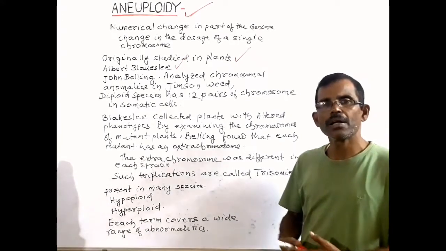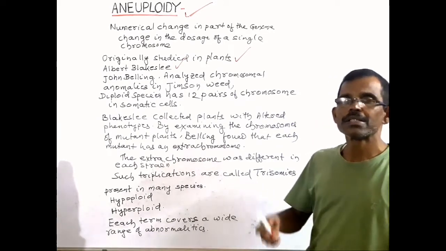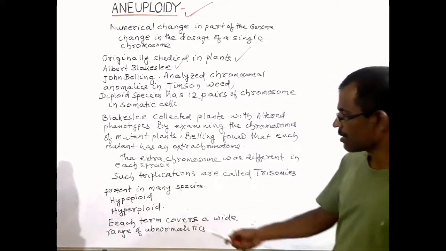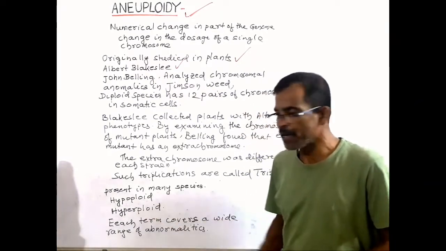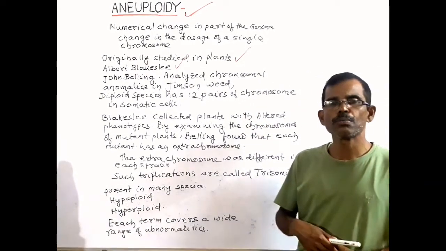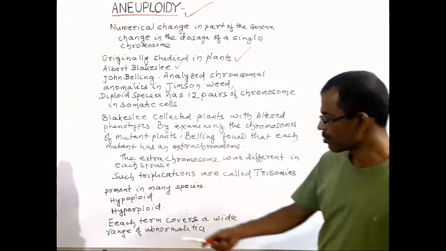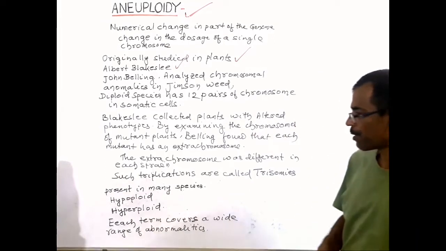The individual in which a chromosome or a part of a chromosome is underrepresented is known as hypoploid, and the individual in which a chromosome or a piece of chromosome is overrepresented is known as hyperploid.